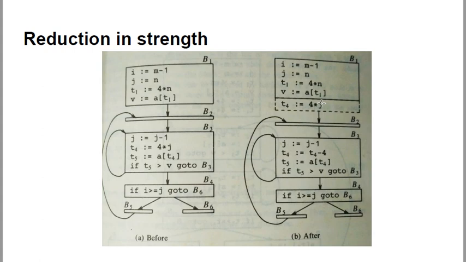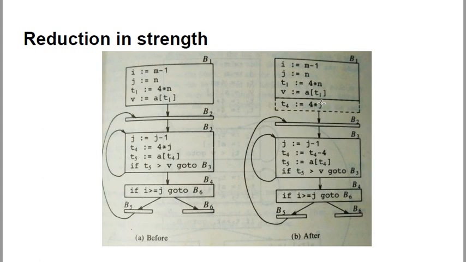This kind of replacement of an expensive operation like multiplication by a subtraction, which helps us speed up our operations, is known as reduction in strength.